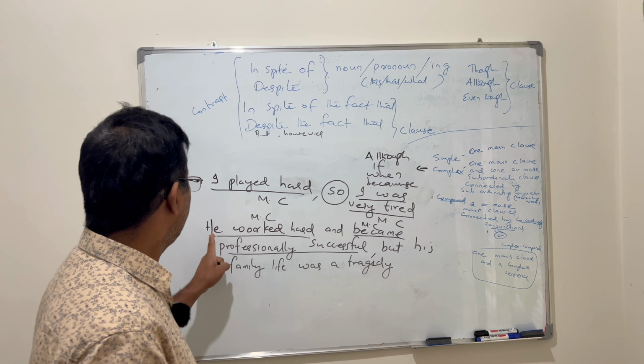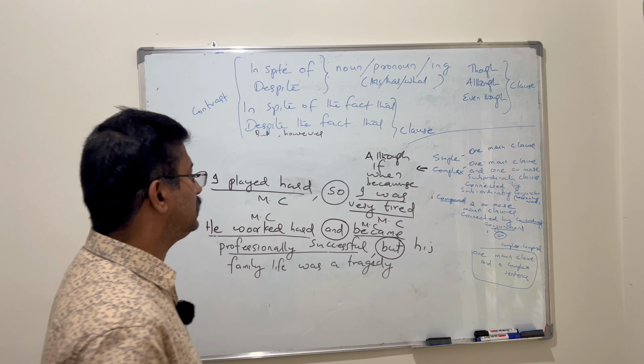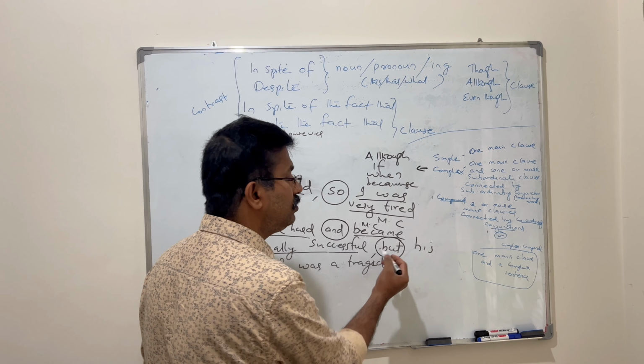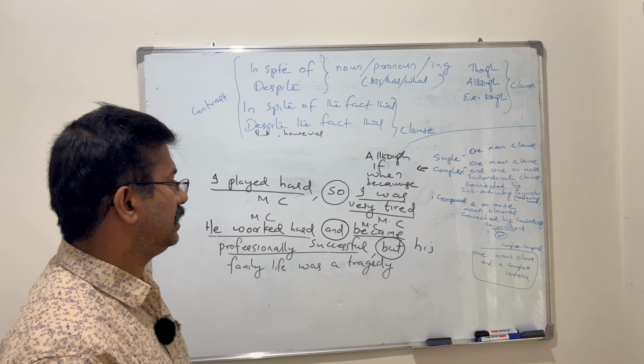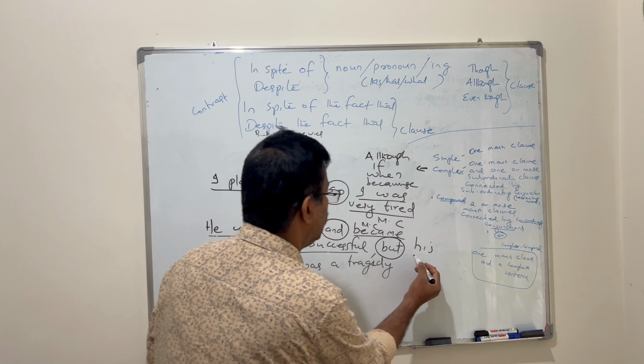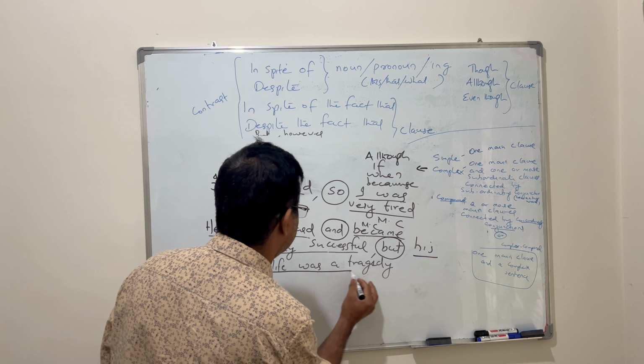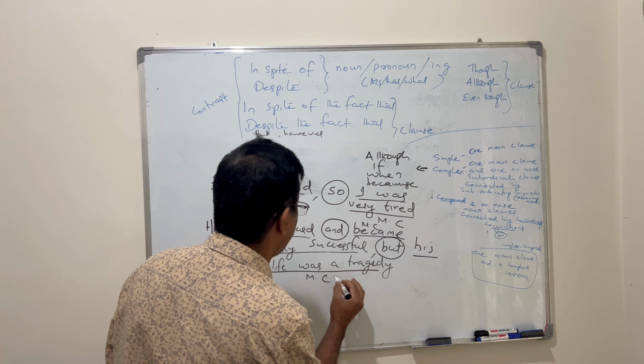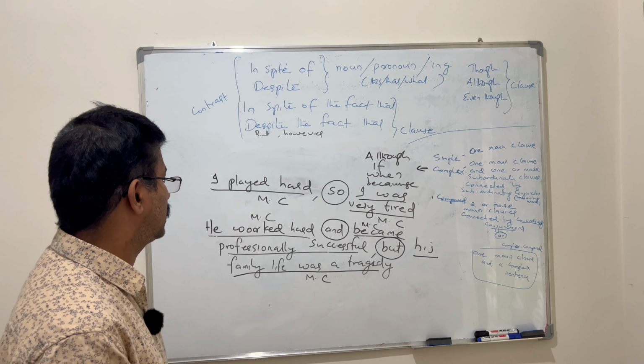Then the third main clause, his family life was a tragedy. This but is a coordinating conjunction, like and is a coordinating conjunction, but is also a coordinating conjunction. And "his family life was a tragedy" is the third main clause. How many main clauses are there?